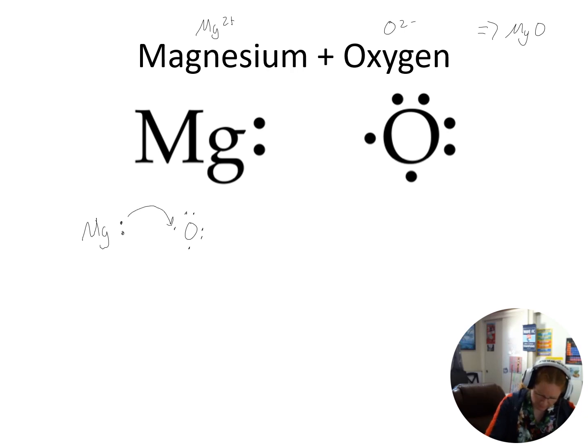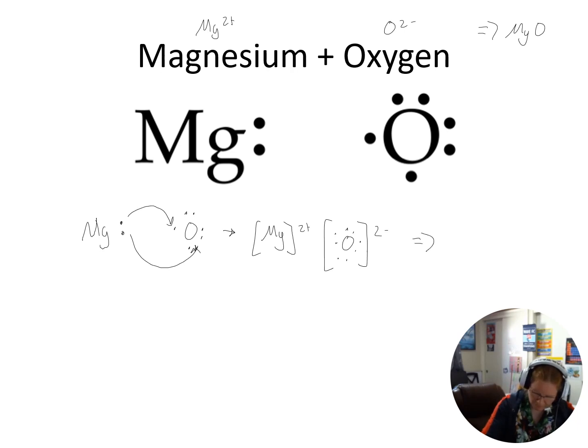So we'll pair. Okay, so my magnesium ion. My oxide ion. And there's my magnesium oxide.